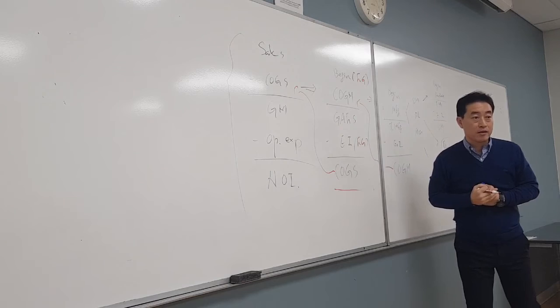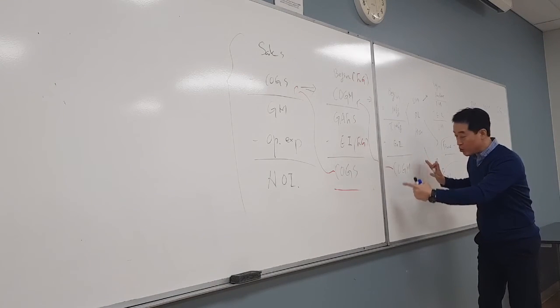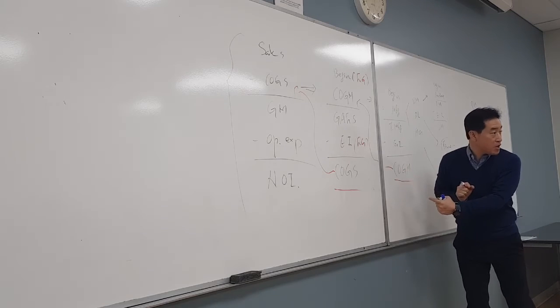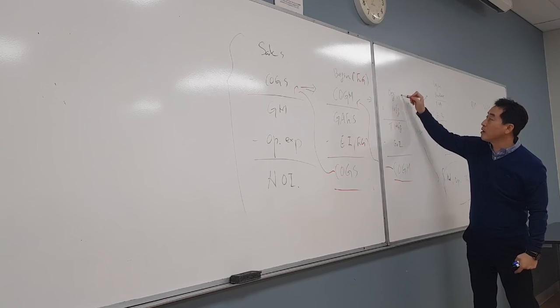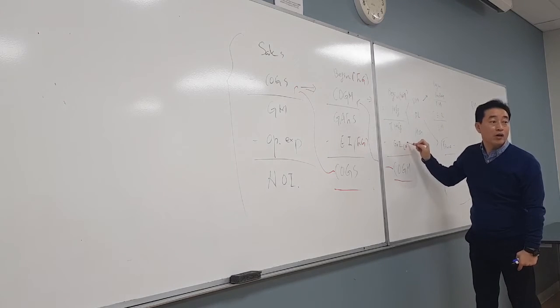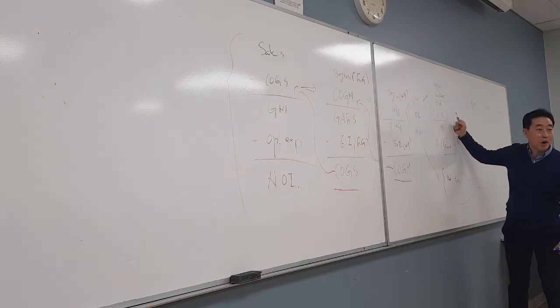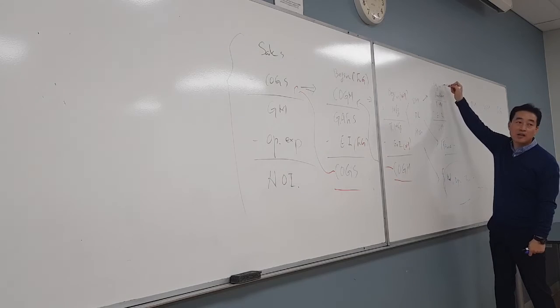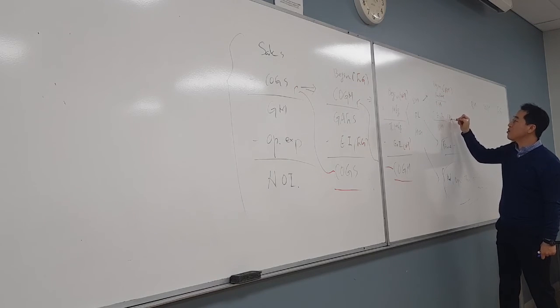Am I right? We are in work in process in order to calculate cost of goods manufactured. So beginning what? Work in process beginning, work in process ending. Now we're talking about raw material beginning, raw material ending.